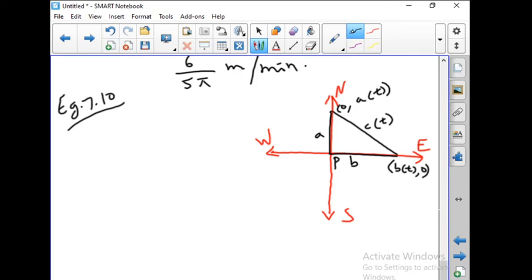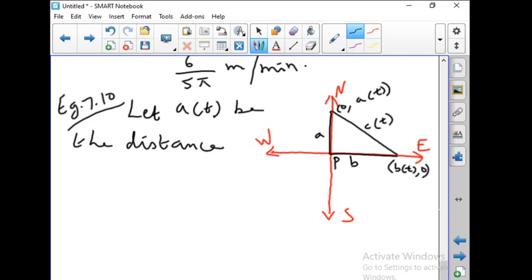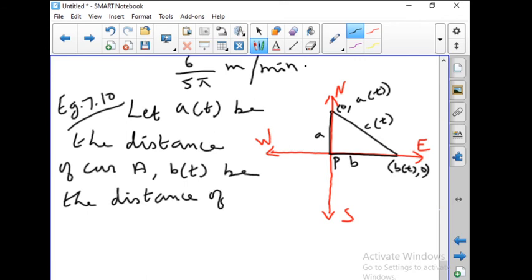So we'll take, let A of t be the distance of car A and B of t be the distance of car B at time t.